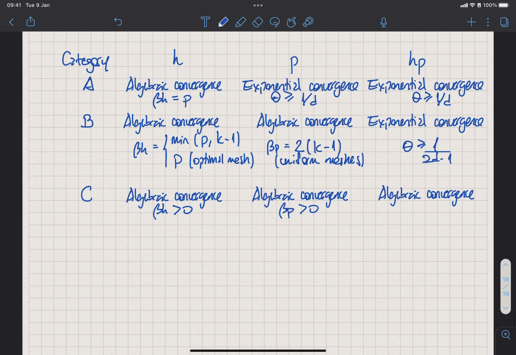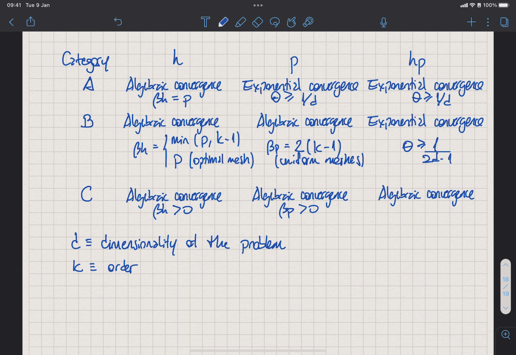So just to complete the table, I'm going to add some footnotes. D is the dimensionality, the dimension of the problem. And K is the order of the Hilbert space.